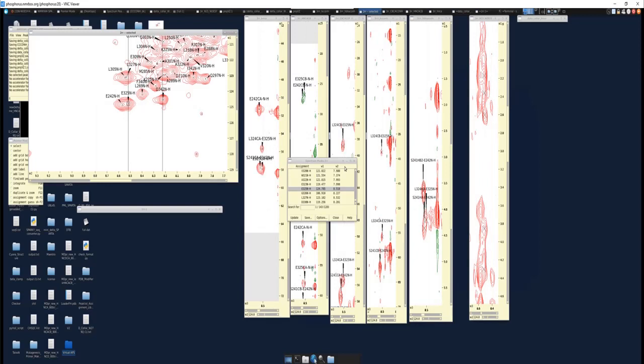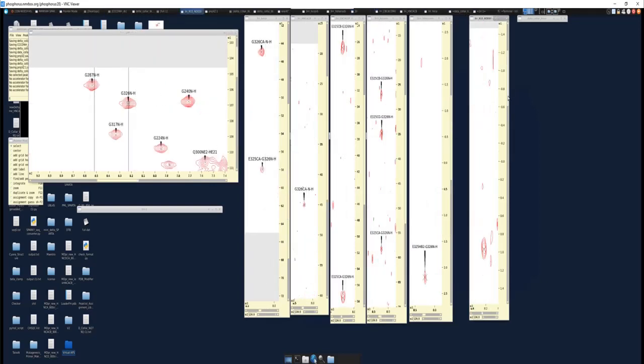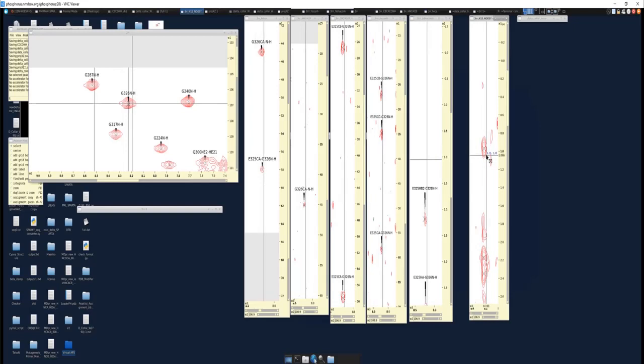And we will discuss later how you can actually use this experiment to assign your side chains, specifically the methyl groups. For example, we can see this glycine doesn't have a methyl group, and its I-1 also doesn't have a methyl group. Yet it sees a methyl group somewhere potentially through space, right?